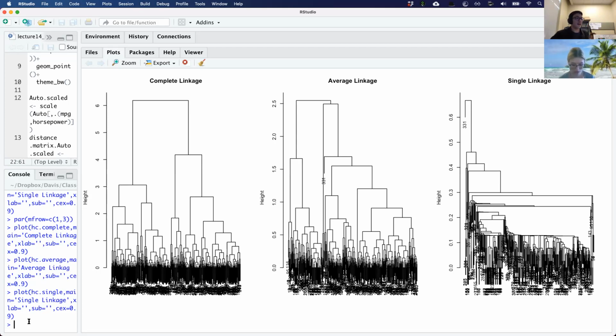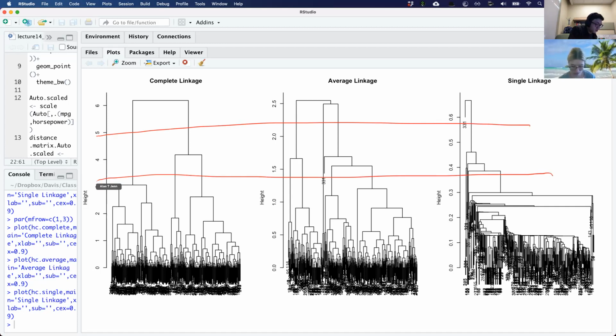As I take some slices, if I were to go across here or here or here, when I say a balanced cluster, it just means that the number of branches and leaves within a specific cut is going to be similar within each of those clusters.